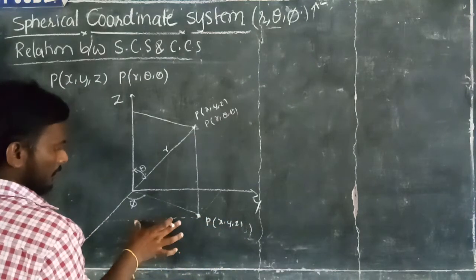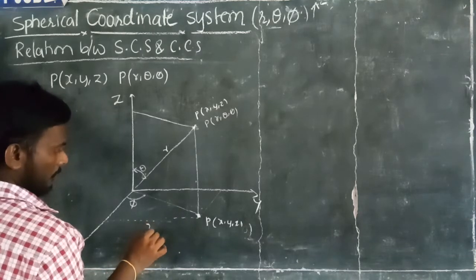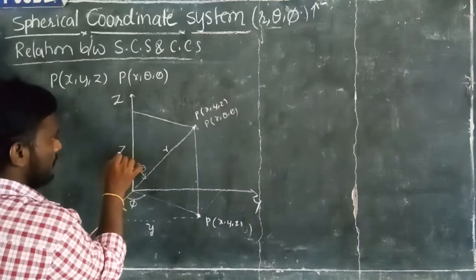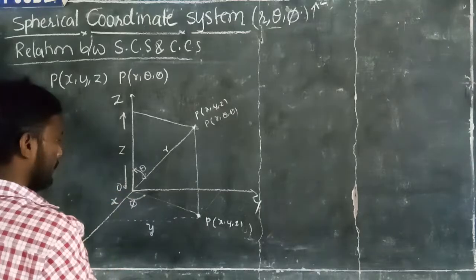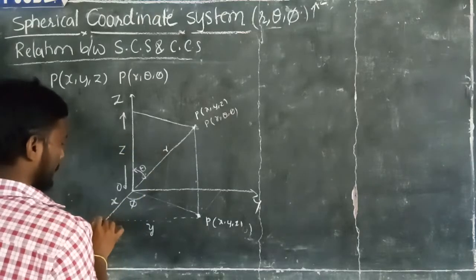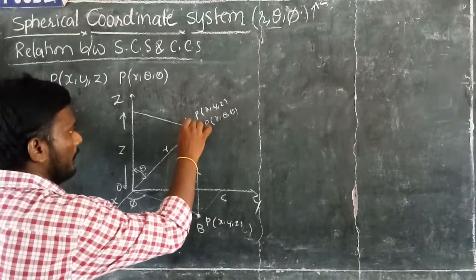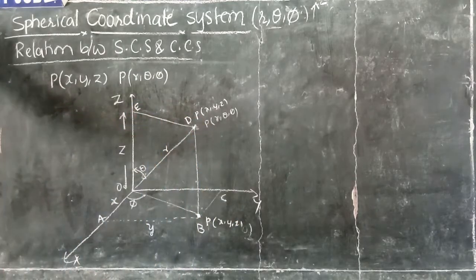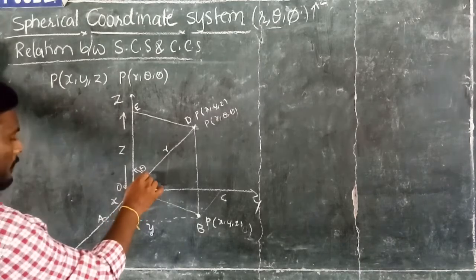That means this length is y units, this is x units, and this is z units. Now just mark the points O, A, B, C, D, and E. So now it is easy to relate.